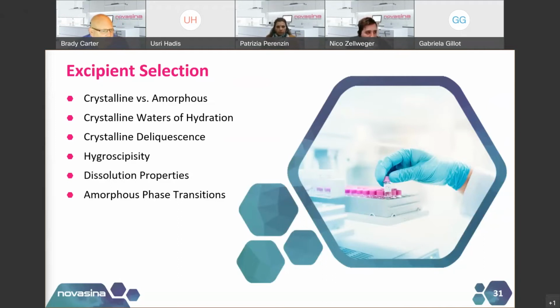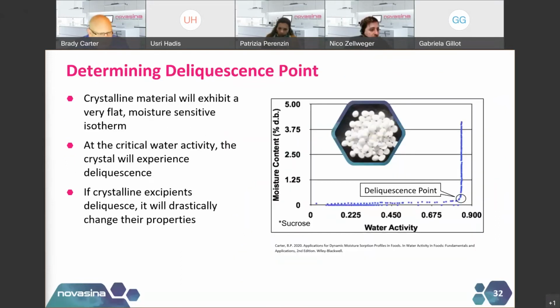So here we're talking about things like crystalline excipients versus amorphous excipients. And if it's crystalline, where is its deliquescence point? How hygroscopic is it? What are its dissolution properties? Does it go through phase transitions? And all of that's related to water activity.